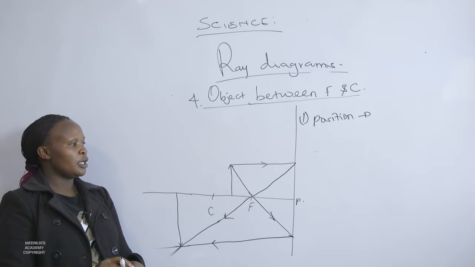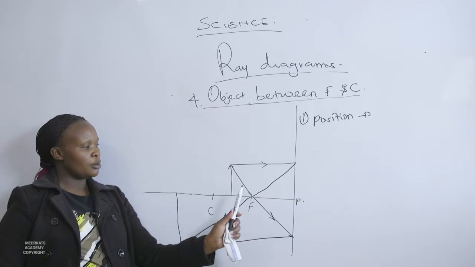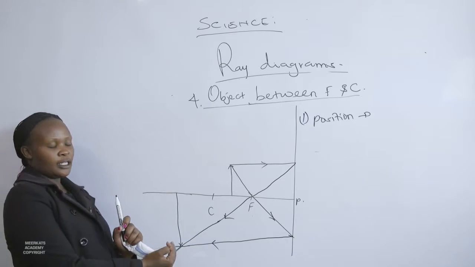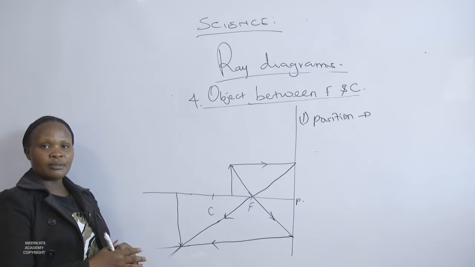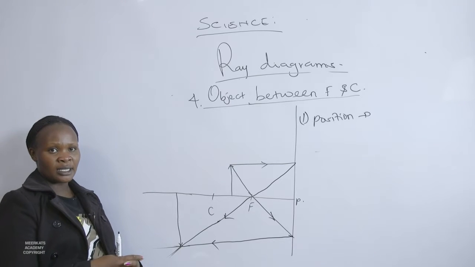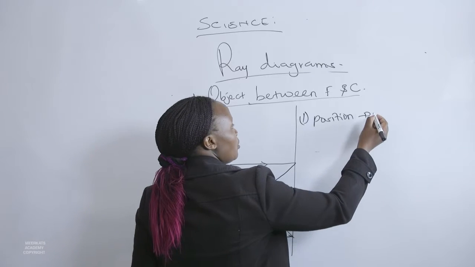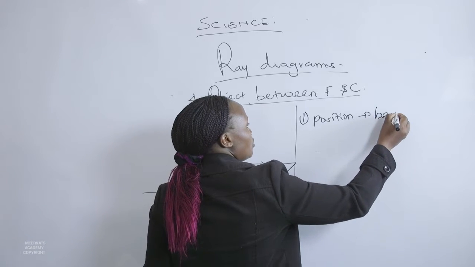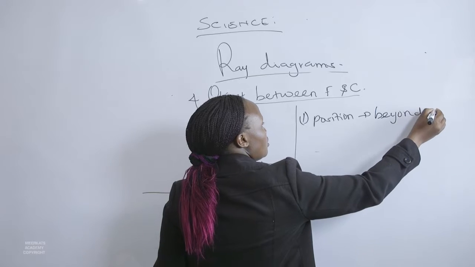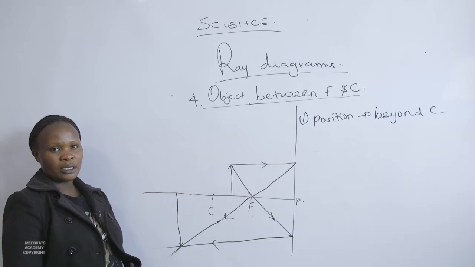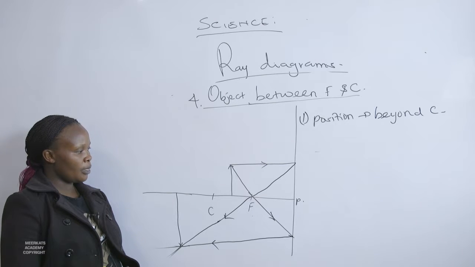We have our pole, we have our F, we have our C, and then the image comes behind C. So we are going to say that our image is formed beyond C. That is where our image is located, beyond C.